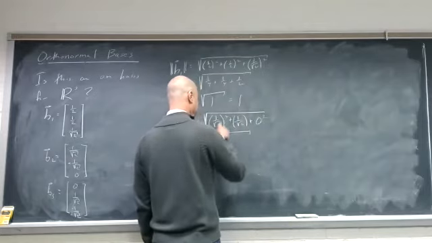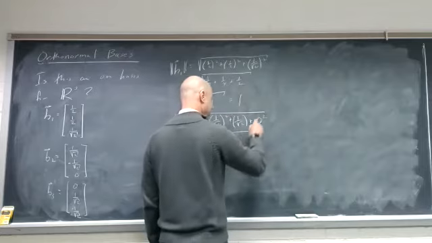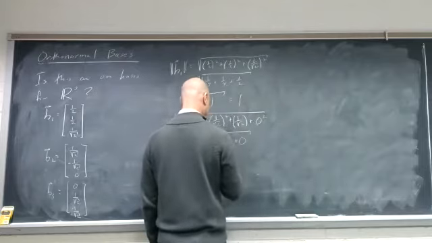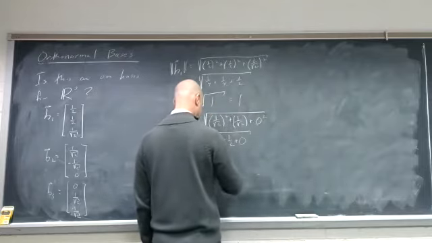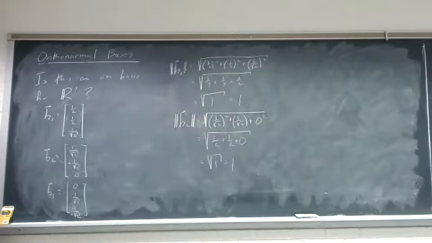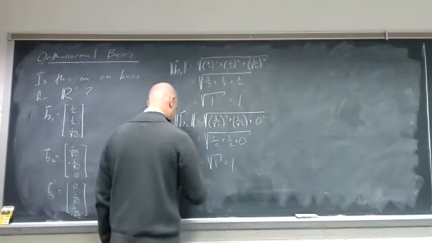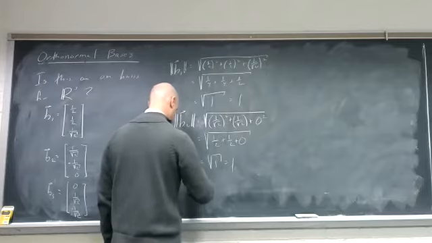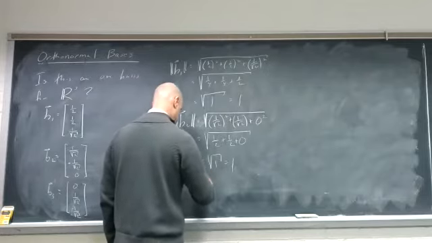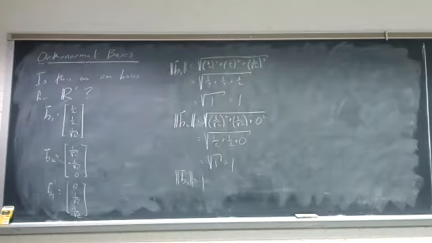One over √2 squared is 1/2. 1 over minus √2 squared is 1/2. 0 squared is 0. Well, if that one has length 1, then this one certainly has length 1. They use the same 3 numbers to build it. So all these vectors have length 1.